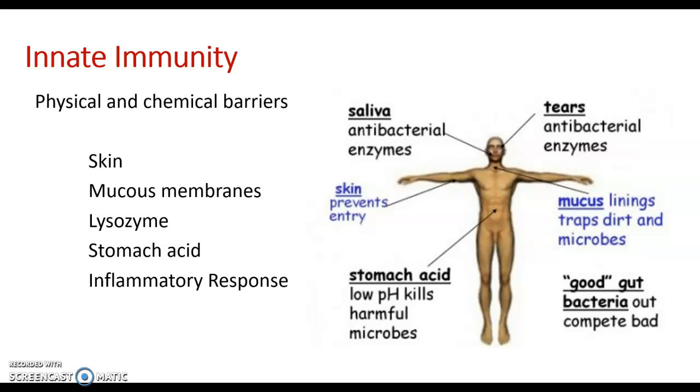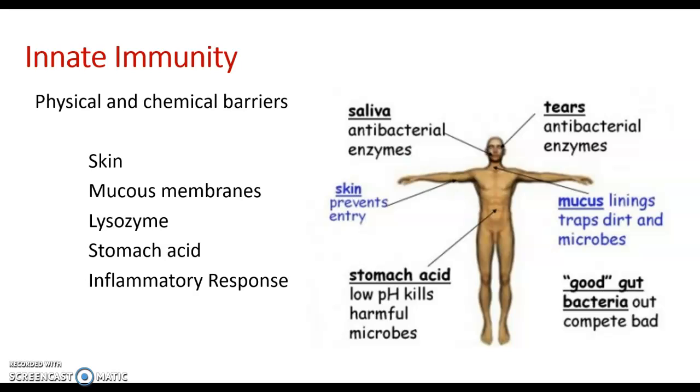Our tears produce antibacterial enzymes like lysozyme, because that's another big part of our body that's exposed to the outside. And anytime we have an exposed area where things can get in, that's a potential site of infection.